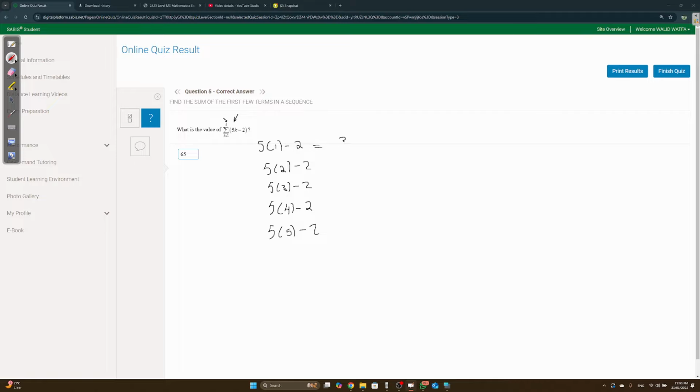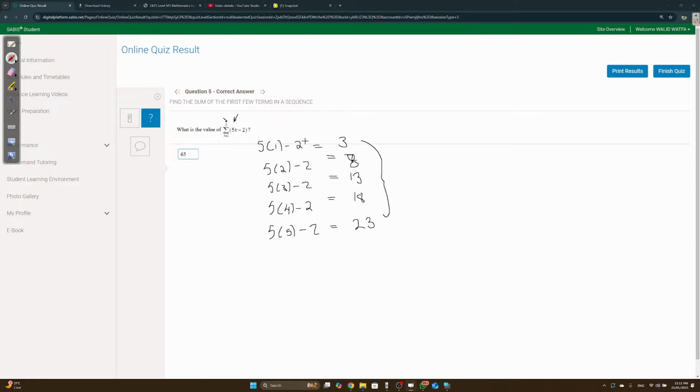You're going to get 3, 8, 13, 18, and 25 minus 2, 23. Since we're saying sum, you can add up all of this, okay? And when you add them up, you get 65.